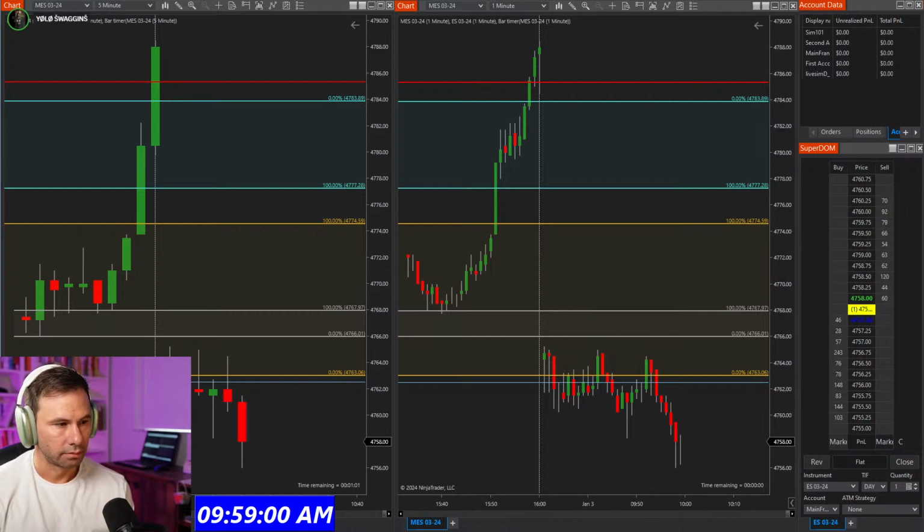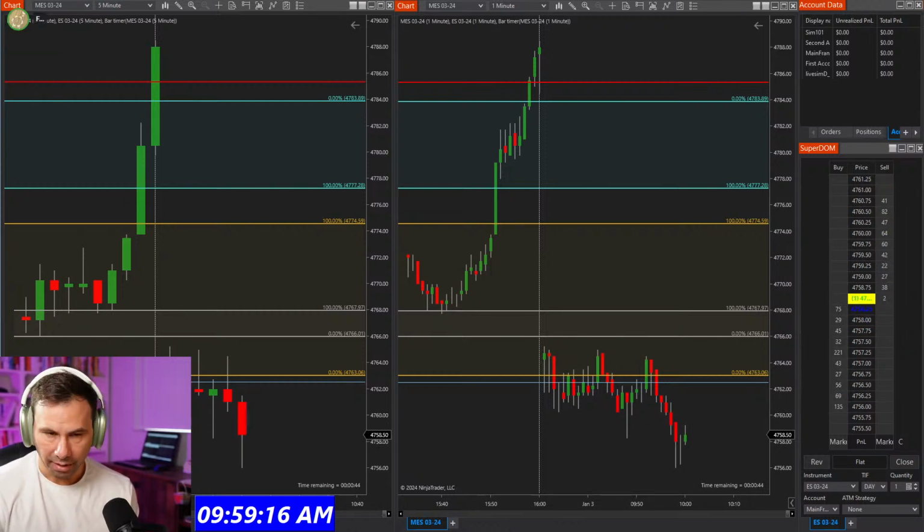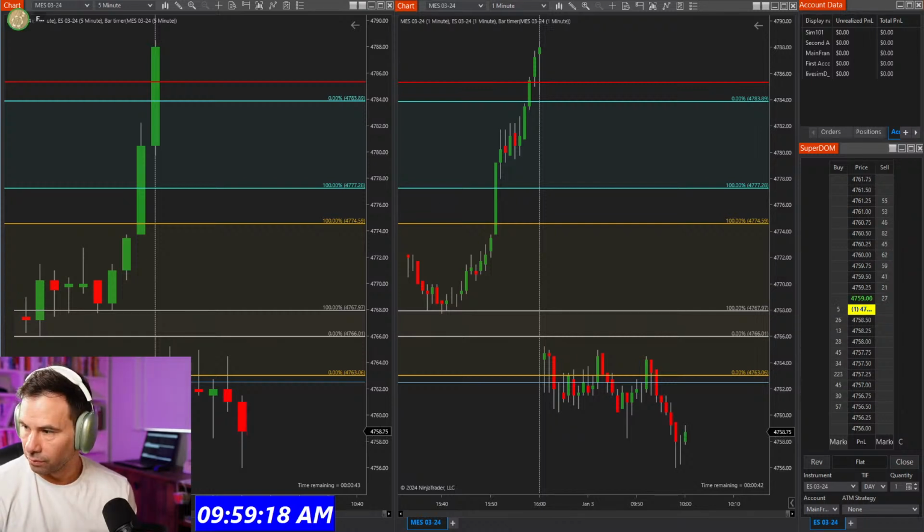Oh my god. That's what I'm saying. No follow through on that candle, man. Yeah, with tons of selling. And now tick is negative, but it's nothing extreme. Right now it's minus 400.